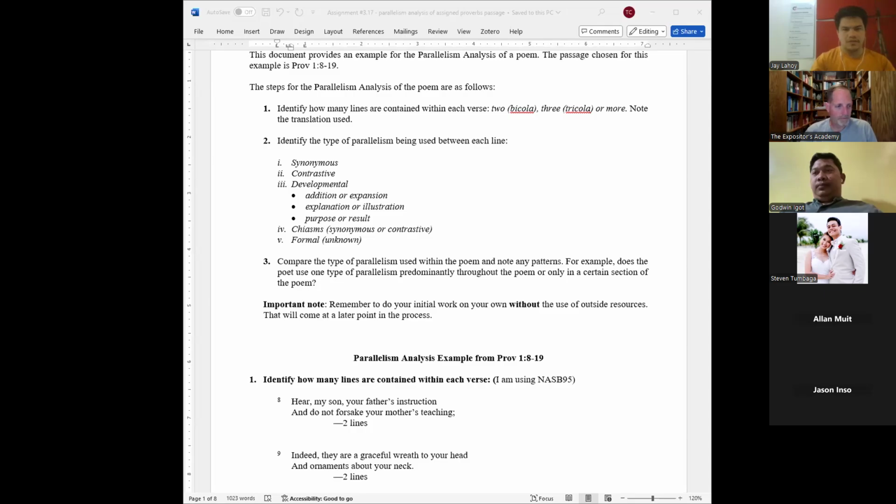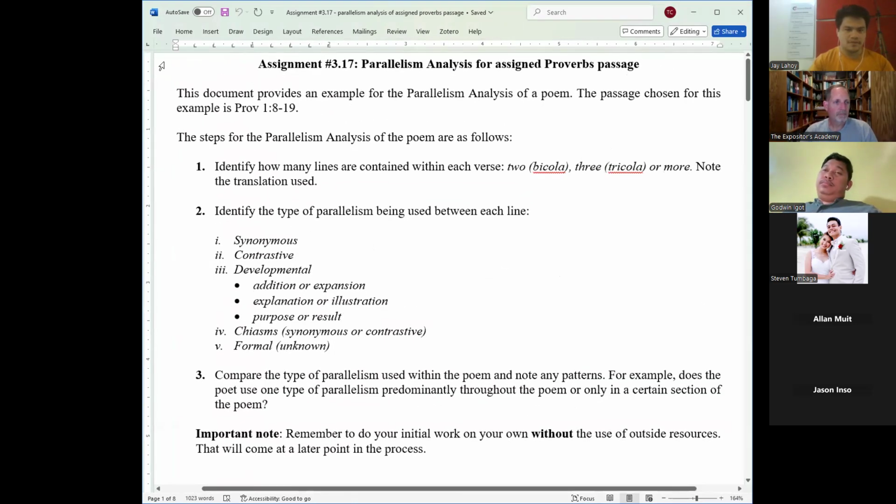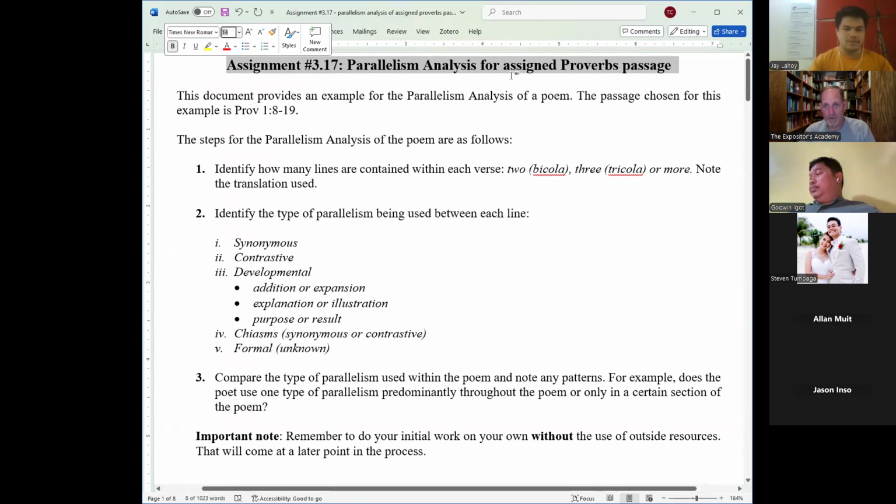If not, then let me just remind you the procedure, and here I'll pull up the actual assignment itself. Okay, this is assignment 317. Parallelism for your assigned Proverbs passage.